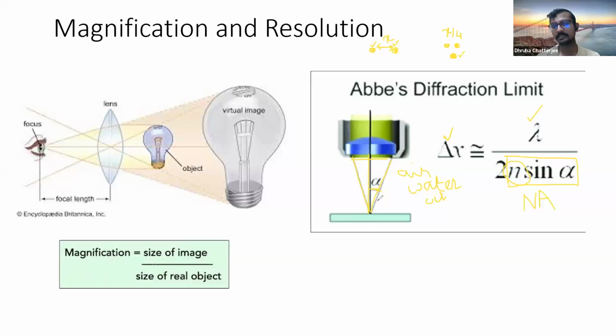This alpha is also dependent on the working distance between the objective lens and the sample. For example, if you have 10x, then this much is the distance, and for 40x, the objective lens operates at a much closer working distance. In that case, the cone is a bit wider. That is, the alpha value is bigger, so sine alpha value is also bigger, so numerical aperture is bigger.